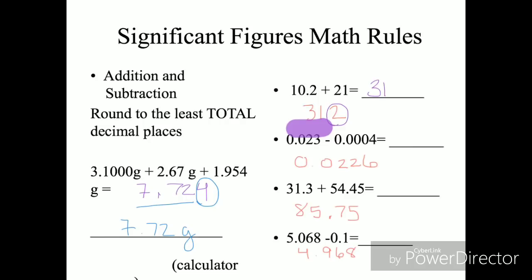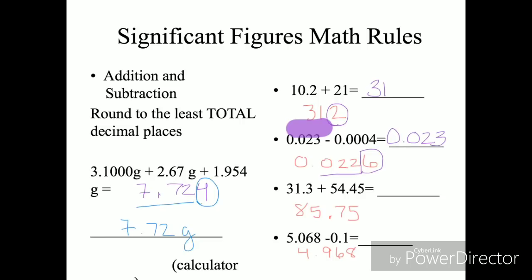In example number 2, we see that the least number of decimal places is 3, so we must only keep 3 decimal places in our answer. So I'll underline the first 3 decimal places. The 6 that follows those 3 decimal places says we should round up. So here is our rounded answer.